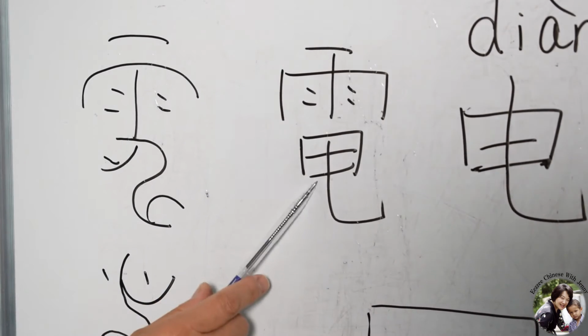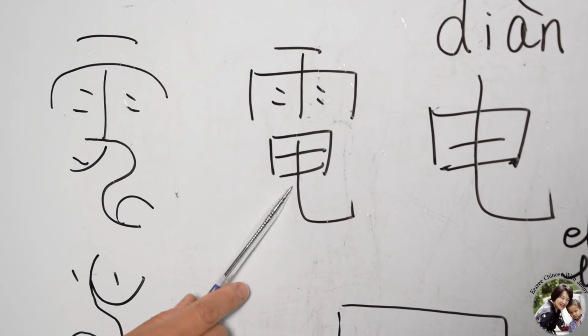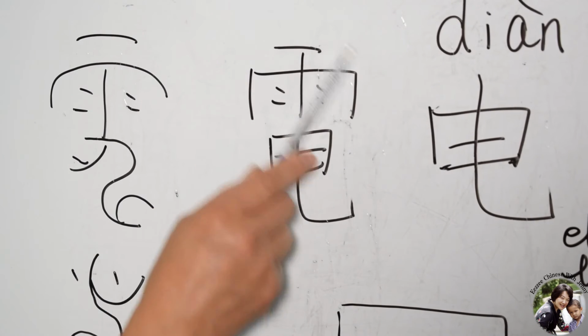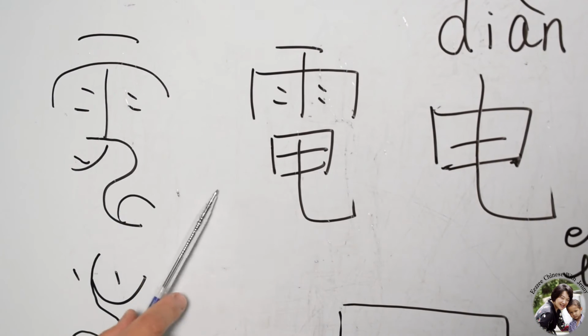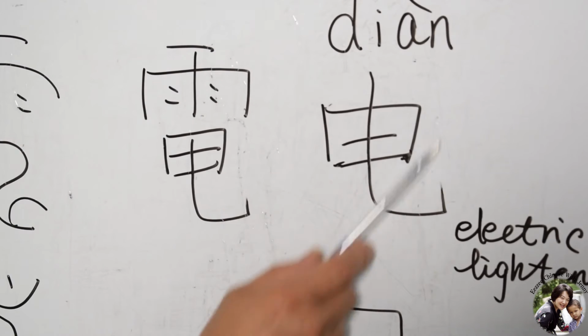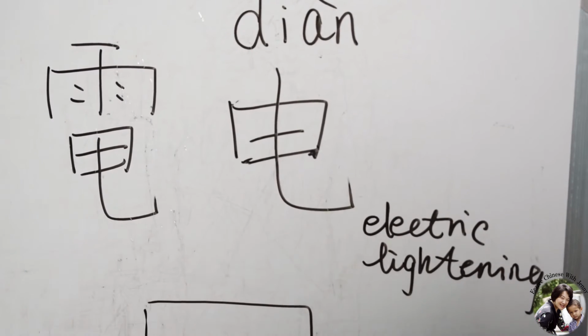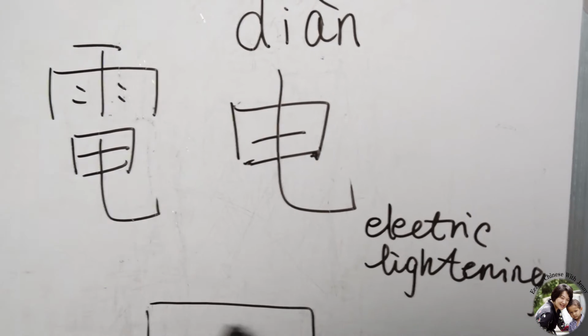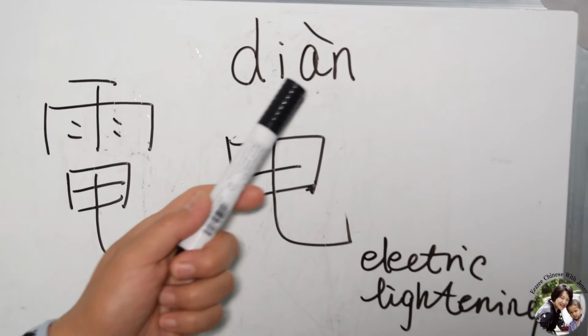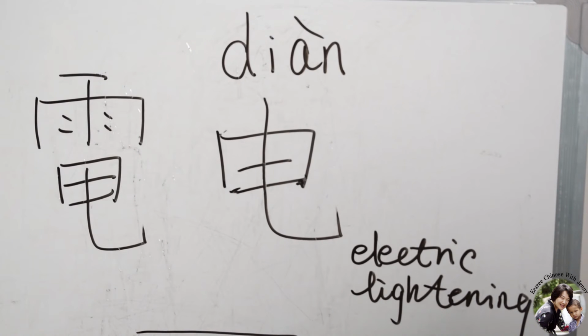This is the traditional way, which Hong Kong and Taiwan still write, and this is the simplified version which mainland people use. It means electric lightning, and the pronunciation is diàn, the fourth tone, 电.